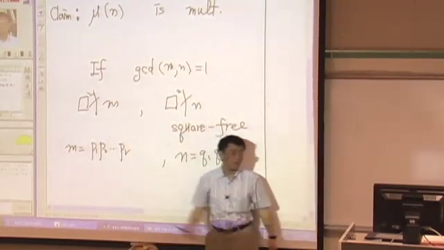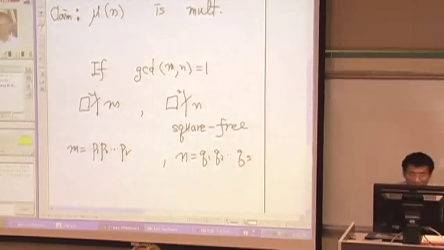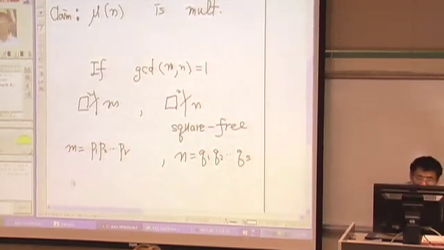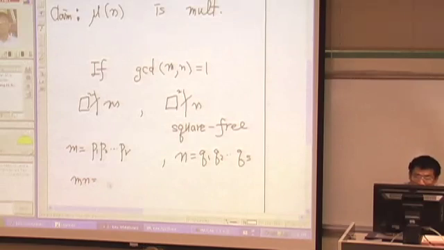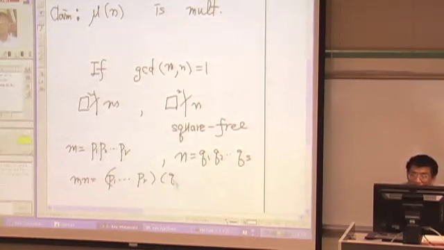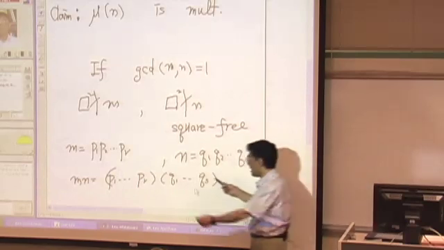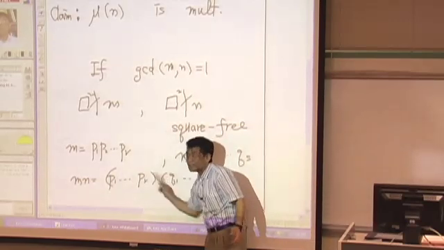Do you get it? So, because of this reason, m and n are p1 up to pr, and then q1 up to qs, and there is no chance that we have any square because they are distinct groups.